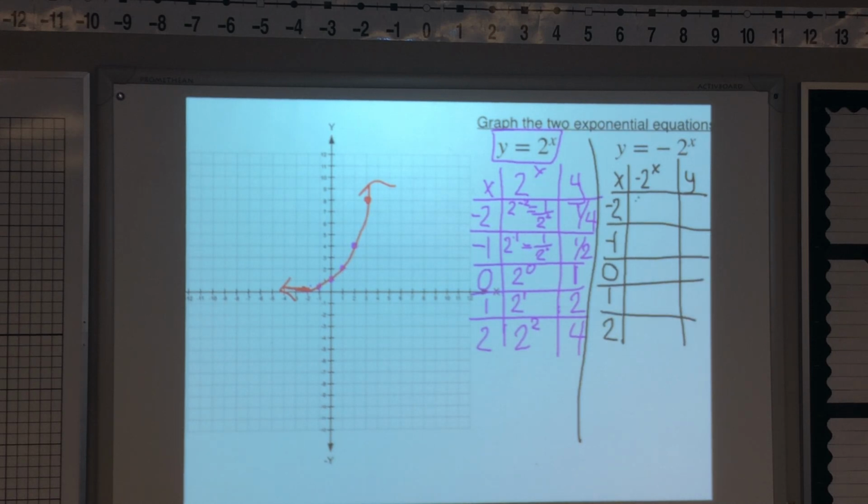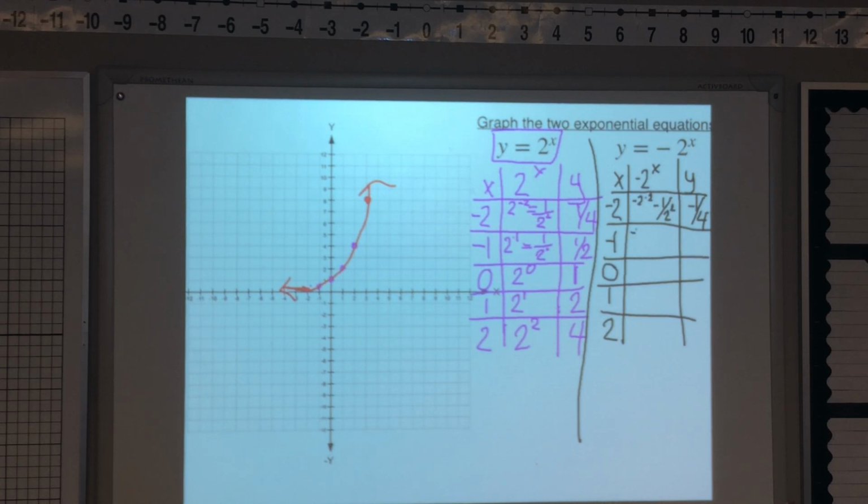So -2 to the -2nd power. Again, that negative exponent means we flip it over. But this time, if you notice, there's no parentheses, so that negative is going to stay there. So I have a -1 over 2 to the 2nd power, which gives me a -1/4.